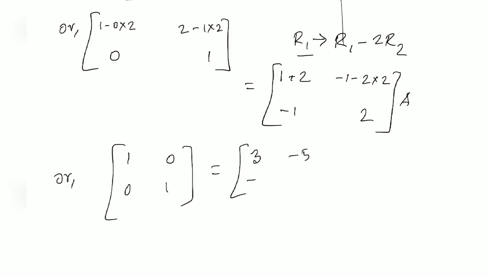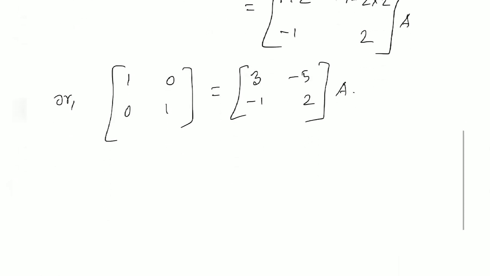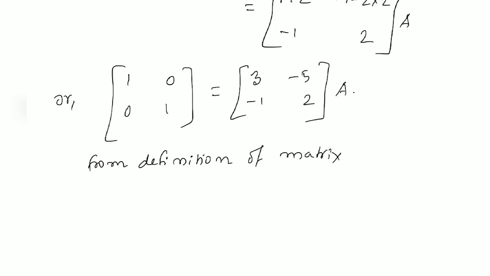And here is 3 minus 5, minus 1 2, and you are having A. Now we are having this as I is equal to some matrix into A. So from the definition of the inverse of a matrix, we have A inverse as 3 minus 5, minus 1 and 2.